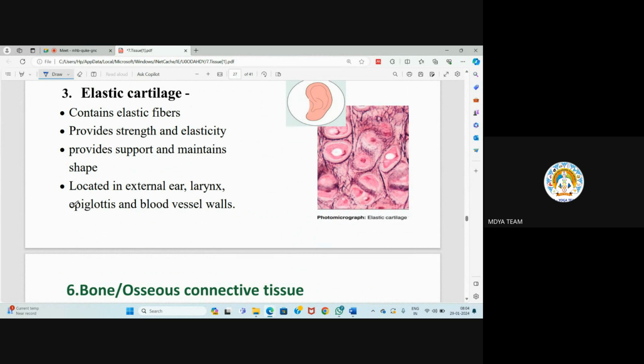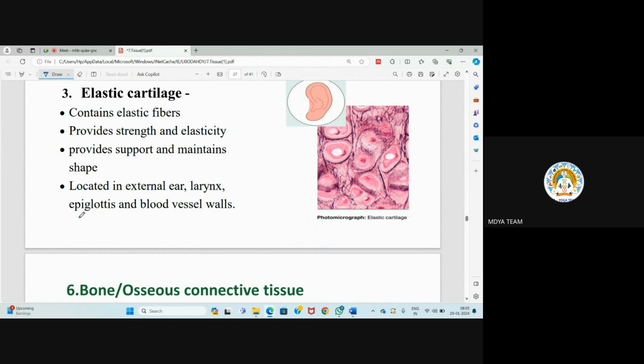Do you know epiglottis? Yeah, after the mouth, ma'am, where we swallow, there is a lid kind of a thing. Yes, it separates our windpipe and esophagus, the windpipe and food pipe. Windpipe goes to the lungs and food pipe goes to the stomach. From the mouth to the epiglottis, there is a common track through which air and food enter our body.